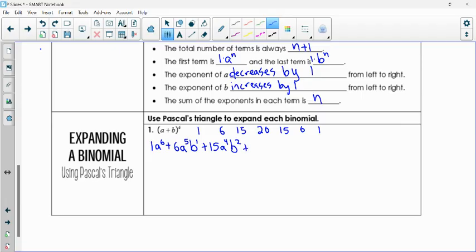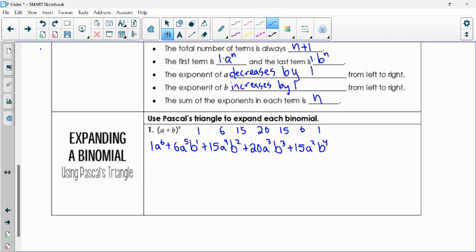We add to that the 20 coefficient. And that would be a to the 3rd, because I decrease the a by 1, increase the b by 1, b to the 3rd. And then we add the next coefficient, 15, take one away from the exponent of the a, which is 2, and add one to the exponent of the b.